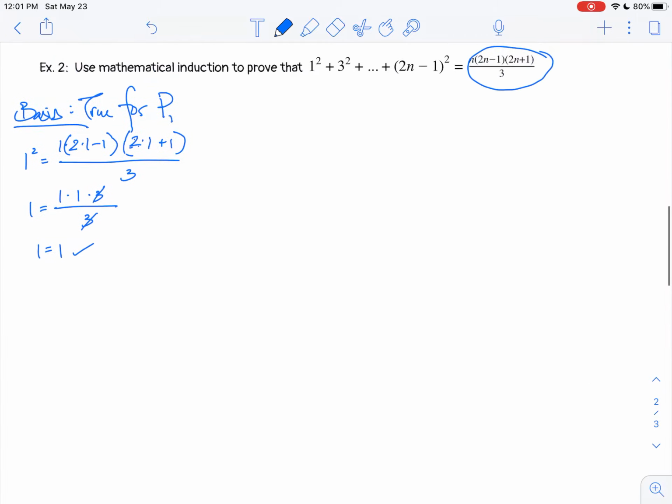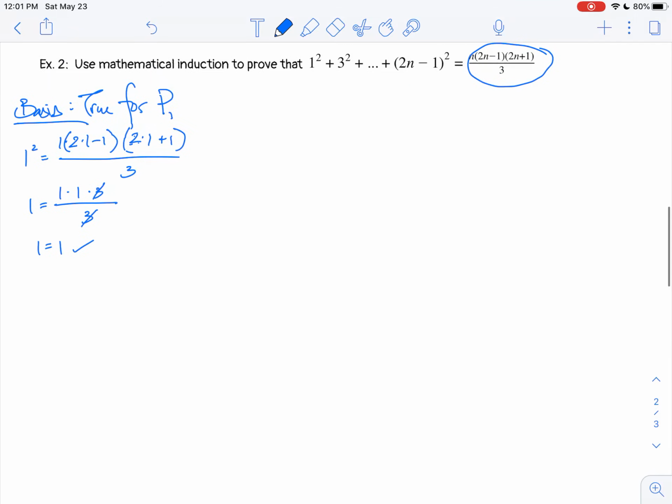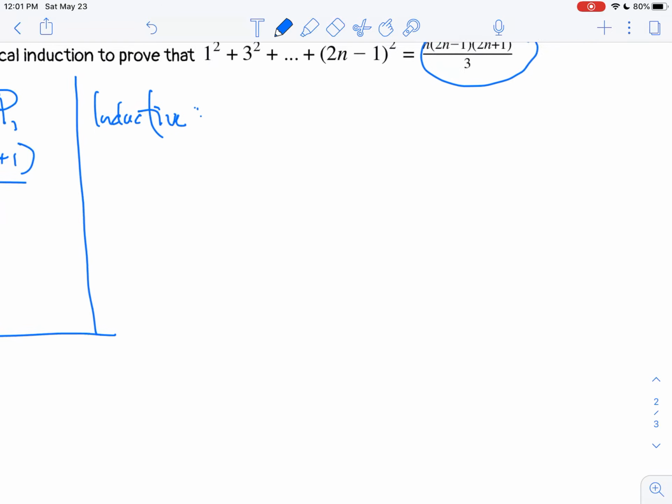Now, let's think about how we can show that the inductive step is true. So for the inductive step, we want to assume that it's true for P sub k, and then we want to show that it's true for P sub k plus 1.